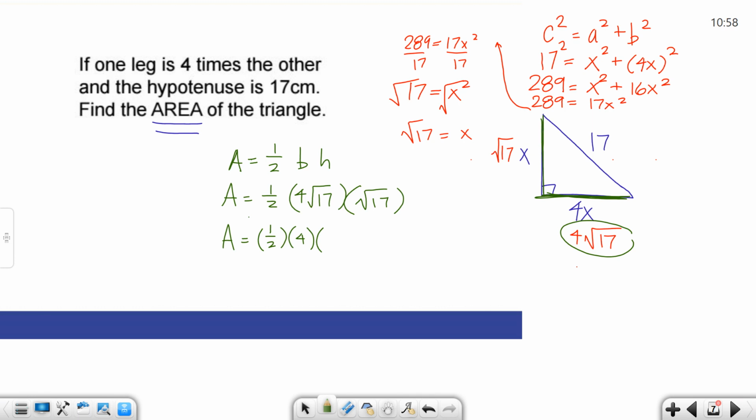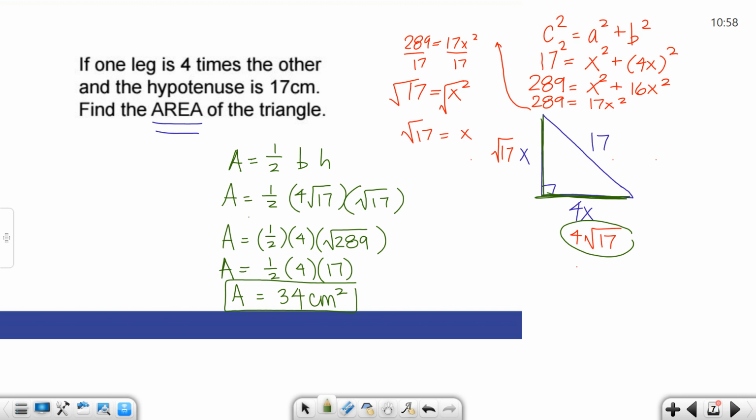And remember, when you multiply radicals, some of you know these would cancel out and give you a 17. But you can also multiply on the inside. So if we clean that up, we get 1/2 times 4 times the square root of 289, which is 17. And so this would be 34 centimeters squared. Okay, and so that's how that one would look.